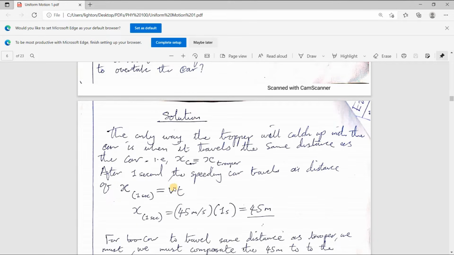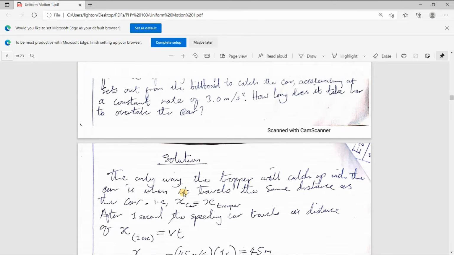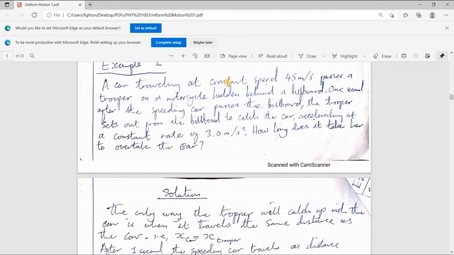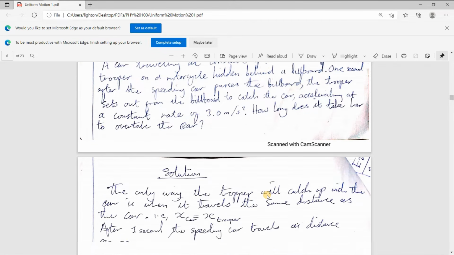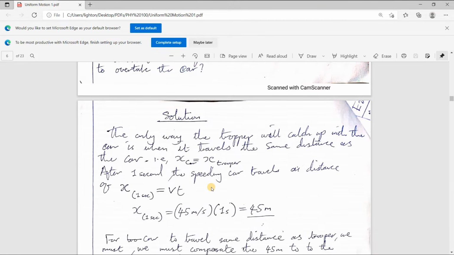It's because for this part I've just used the formula of velocity times time, because if I include the plus half a t squared, it won't have any effect because the acceleration of the car is 0. Why is the acceleration of this car 0? This car is moving at constant speed, meaning that its acceleration is 0.